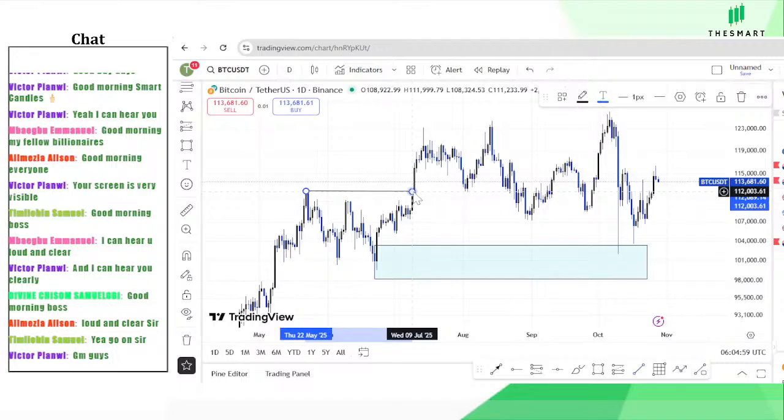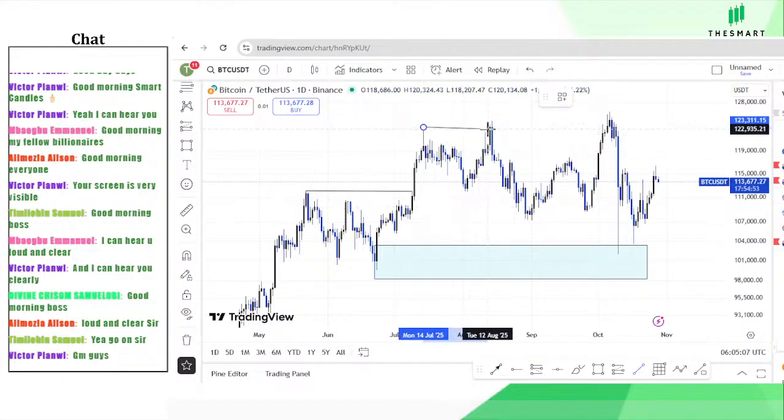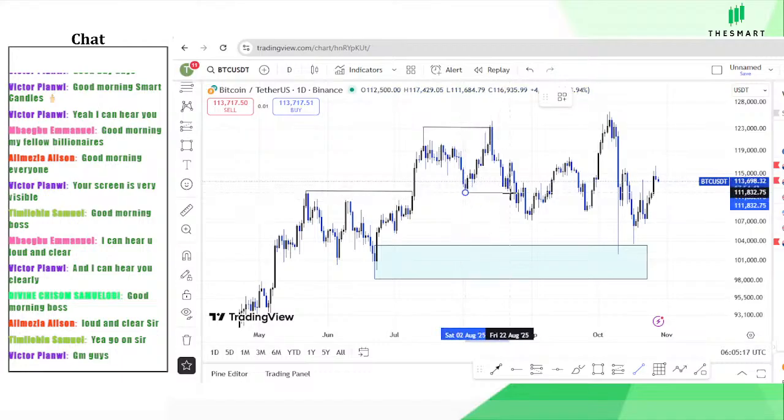So from the daily, let's look at the structures. At this point, we had a break of structure. We had a break at this level. Internally, we had a change of character to the upside. We had a break of structure to this side.